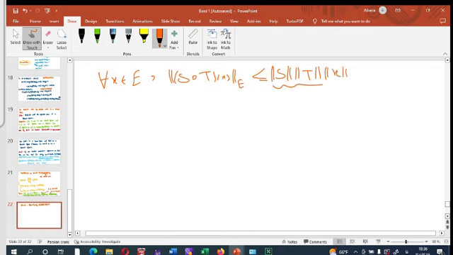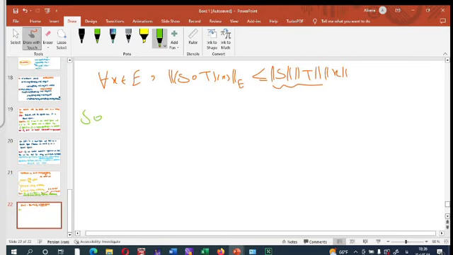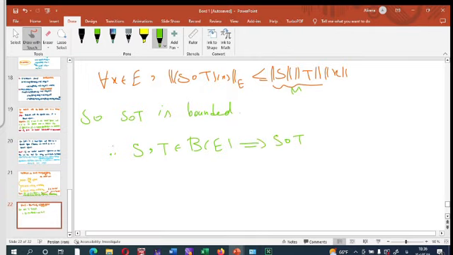This is a real number, and so S∘T is bounded. This is our M, for example, okay? Consequently, if S and T belong to B of E, then S∘T is an element of B of E.